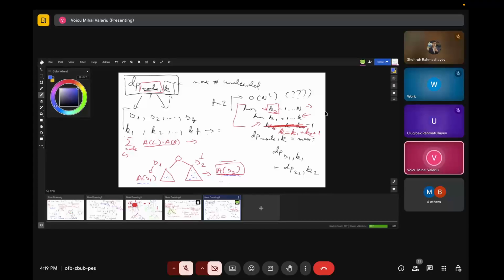We're counting the number of pairs U and V such that their LCA is this fixed node.